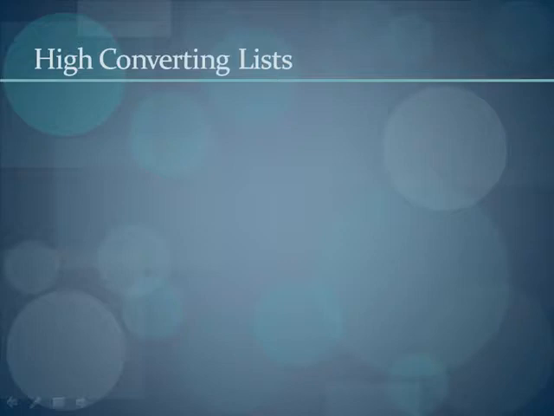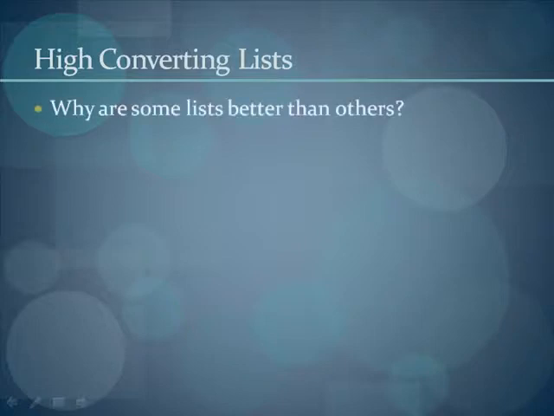Lots of people have huge lists of email addresses, and they send out emails to those lists, but they don't make a whole lot of money per email address. That's because the list is not really a qualified list, and the relationship that they have with those subscribers has not been cultivated. So we have some lists that don't perform very well.